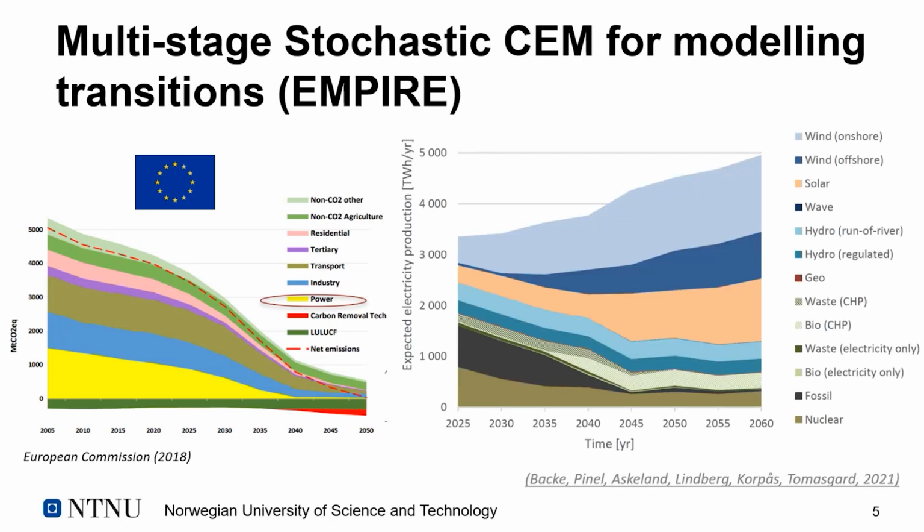Here is an example of how a large capacity expansion model can be used to come up with transition pathways from existing power plant fleet to a net zero power plant fleet at minimum cost, given the input data and model assumptions that we have. Because the power system is going to be, according to the ambitions, net zero here.